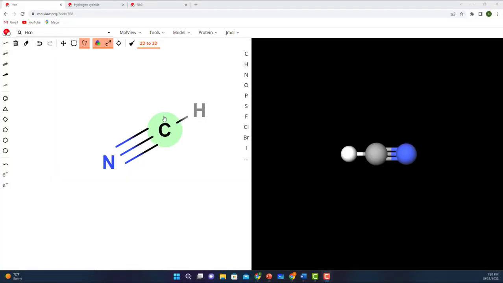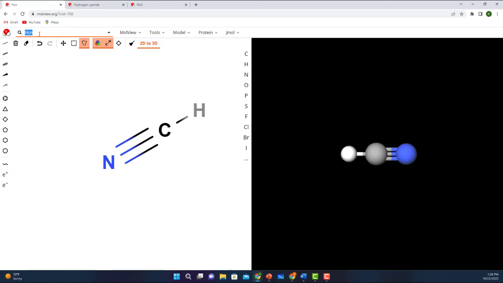Here's a website that is pretty helpful when trying to figure out what it actually looks like in 3 dimensions, just to give you more of a visual. So for example, if I have HCN, which was one of our first examples, you can go right up to, this is called moleview.org.